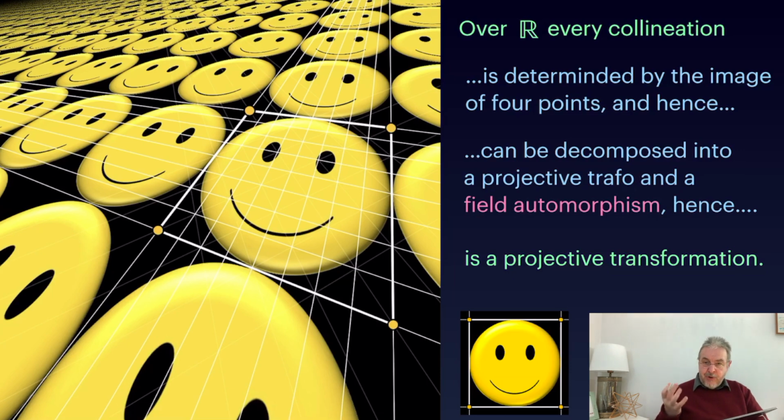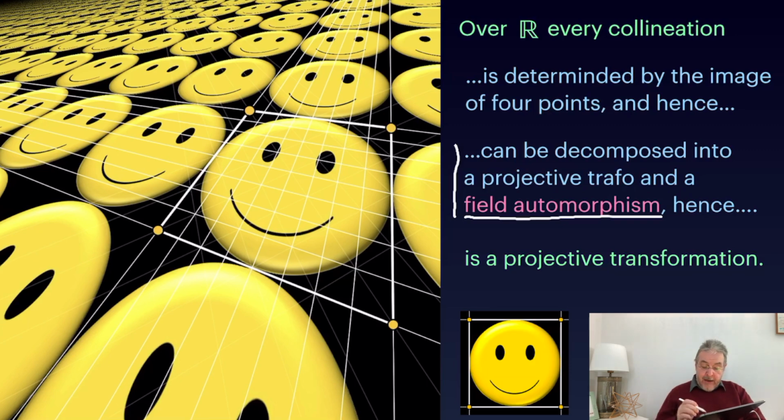Now, I told you I want to show you how subtle these concepts are, and now the term field automorphism comes into play. And actually, this statement here that a collineation can be decomposed into a projective transformation and a field automorphism is true for any field.